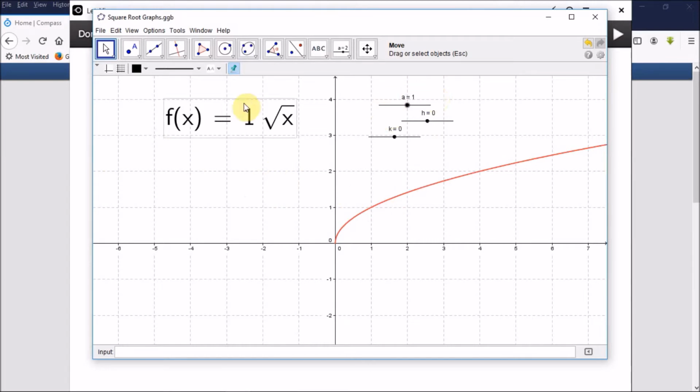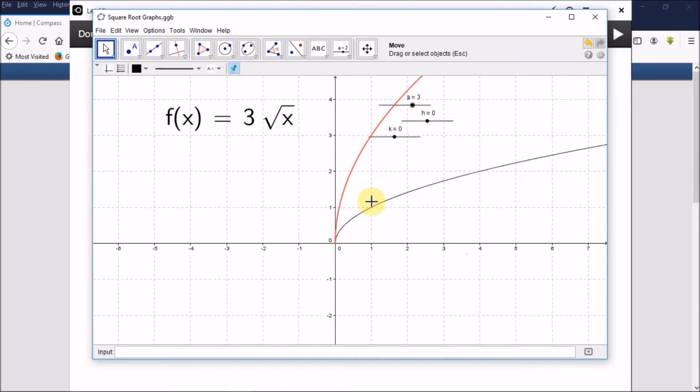So the a, at the moment it's 1, you can see there. If I make it 2, have a look here, this point that was at 1, 1 is now at 1, 2. The point that was at 4 and 2 is now at 4 and 4. So it's been stretched up, and 3, can't quite get it, there we go.